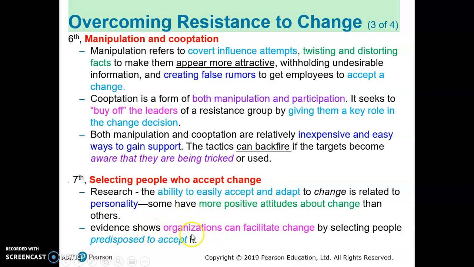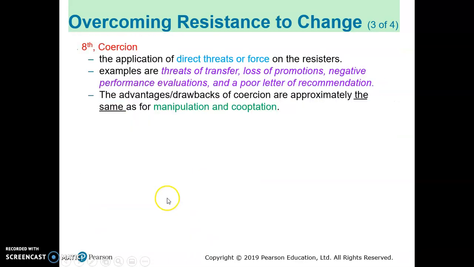Evidence also shows that organizations can facilitate change by selecting people predisposed to it, that means people who have a tendency to accept the change, normally based on personality.